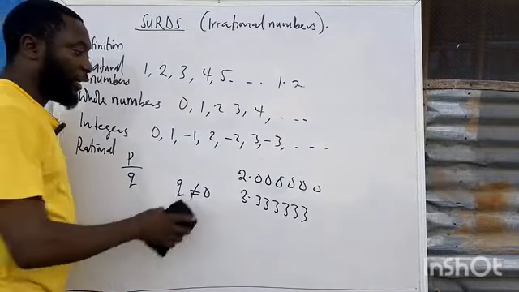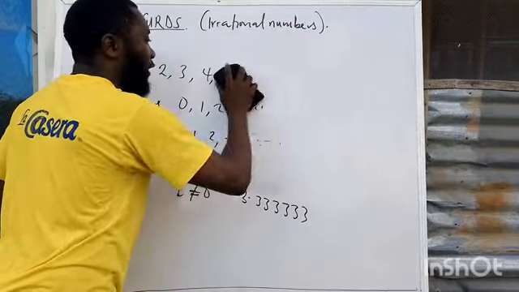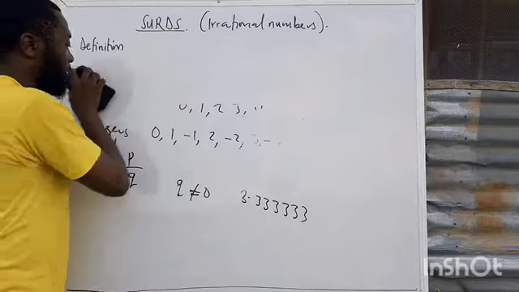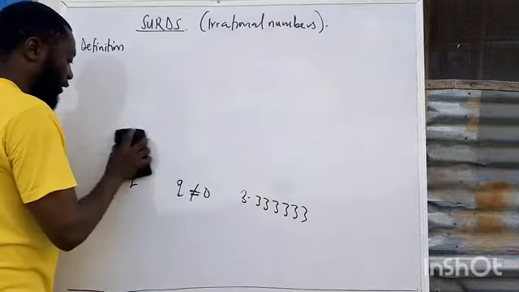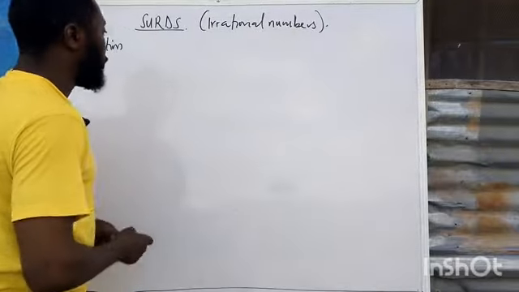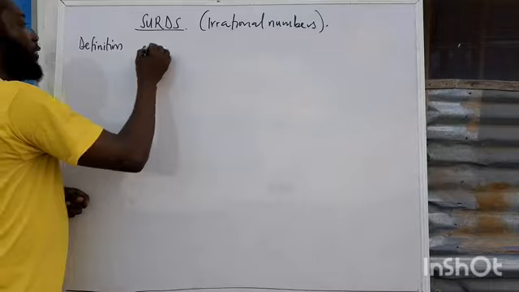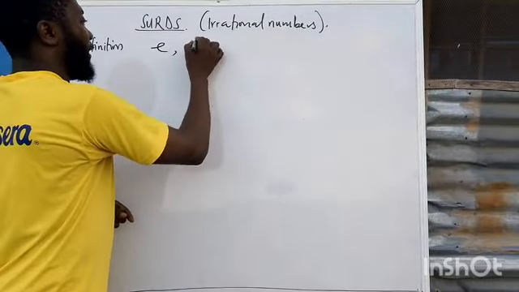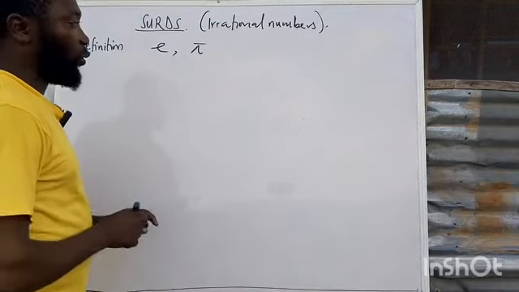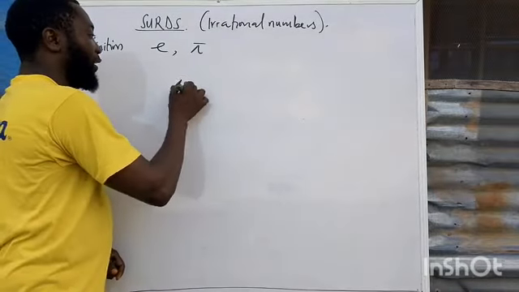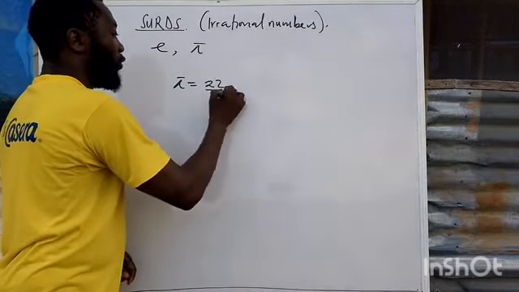So what are examples of these numbers, since they are not part of the numbers I mentioned earlier? The first example is the exponential e. Another one is pi. Pi is not equal to 22/7.